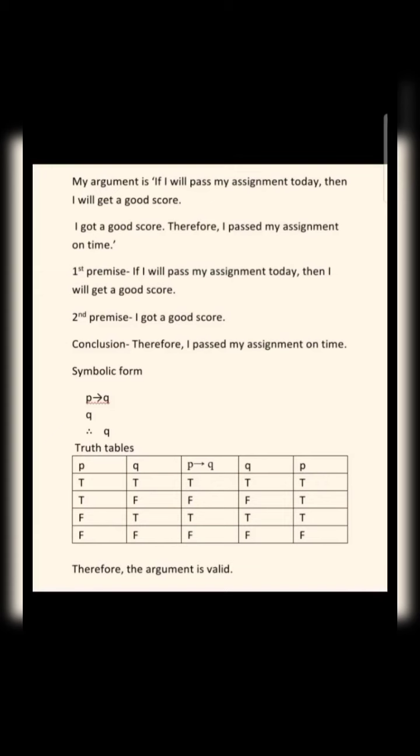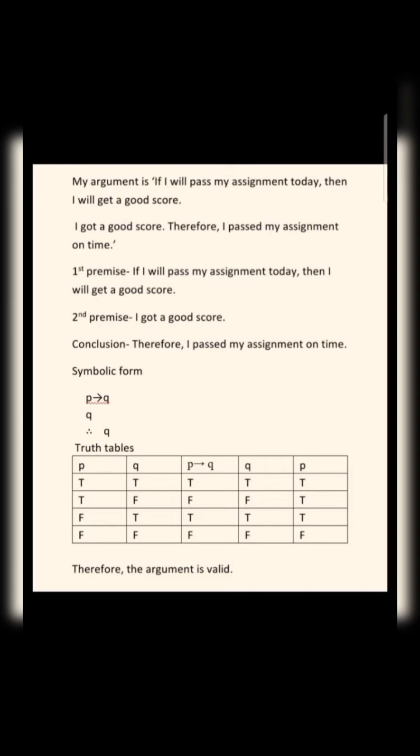My argument is if I pass my assignment today, then I will get a good score. I got a good score, therefore I passed my assignment on time. My first premise is if I pass my assignment today, then I will get a good score. The second is I get a good score, and my conclusion is I pass my assignment on time.